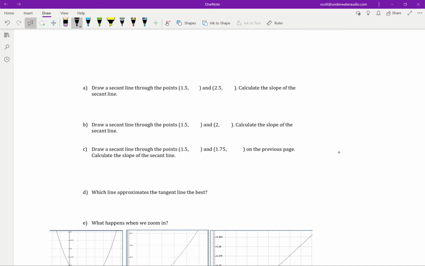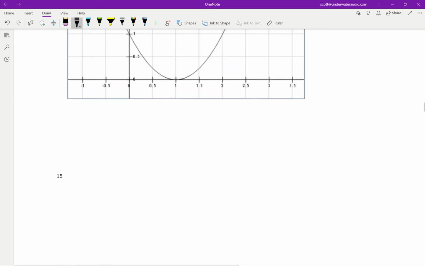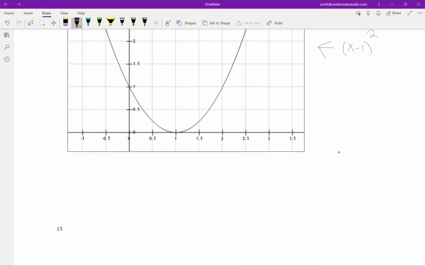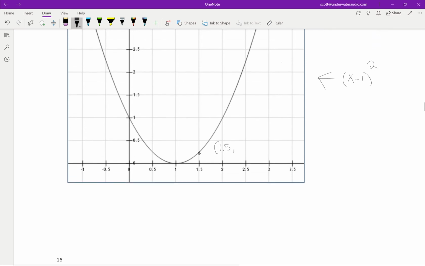So it wants me to draw a secant line through the points 1.5 and whatever goes there. So let's see, 1.5 up here. I need to find whatever this y value is, so I would plug 1.5 into my equation over here.